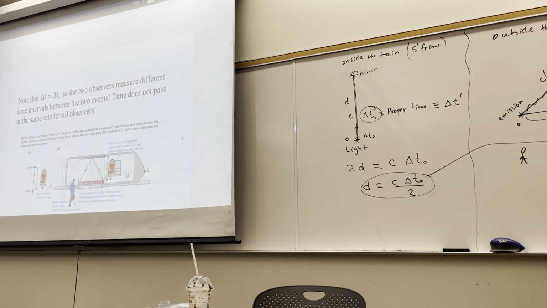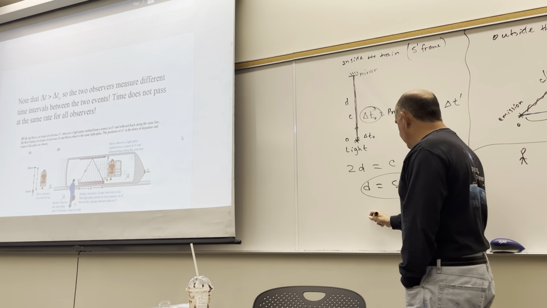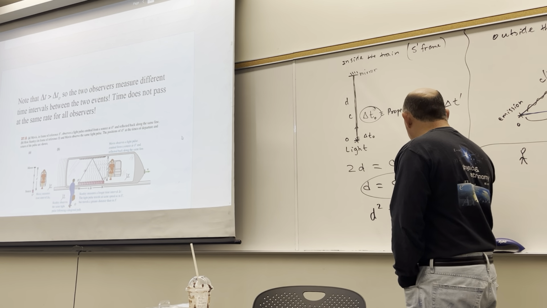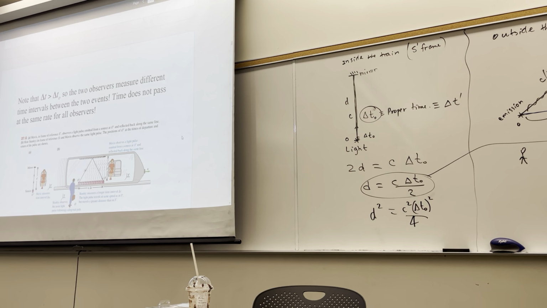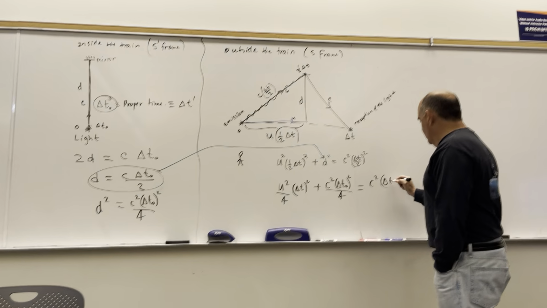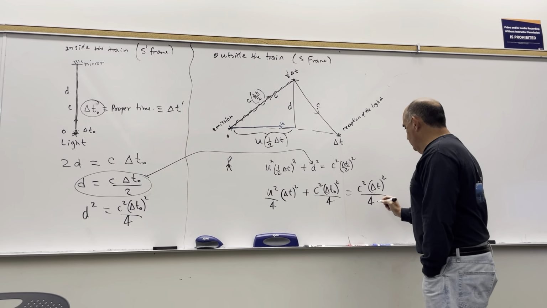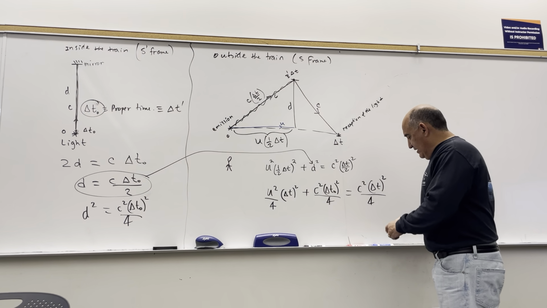So then this becomes u squared over 4 delta t squared plus, instead of d squared, I'm going to write c squared delta t naught squared over 4, equals c squared delta t squared over 4. And clearly we can cancel the 4's.